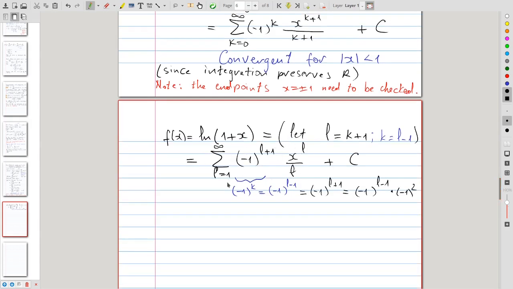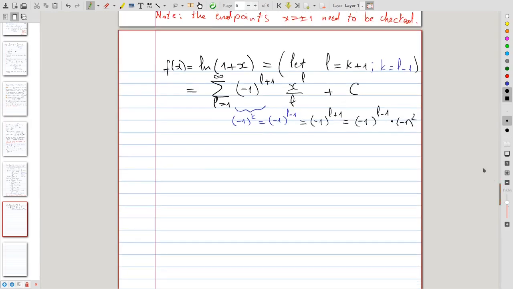Now we are not done, even though we have successfully obtained a power series representation. We're not done because we have to determine the constant of integration, right?